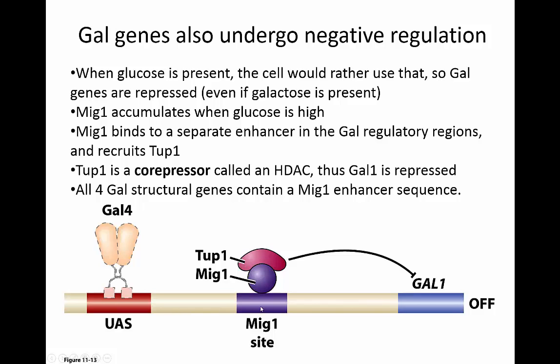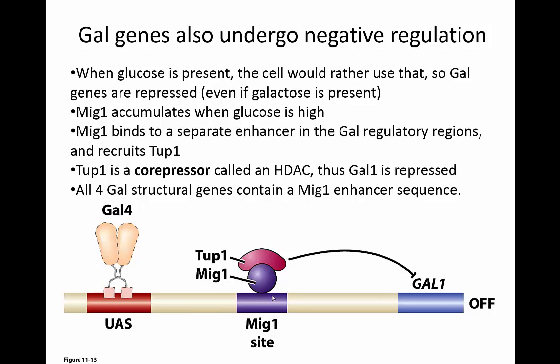Mig1 binds to this enhancer sequence called the Mig1 site, and when it binds, it recruits a second protein called Tup1. Tup1 is a corepressor, and whenever Tup1 gets recruited to this region of the genome, the Gal gene is going to be repressed.